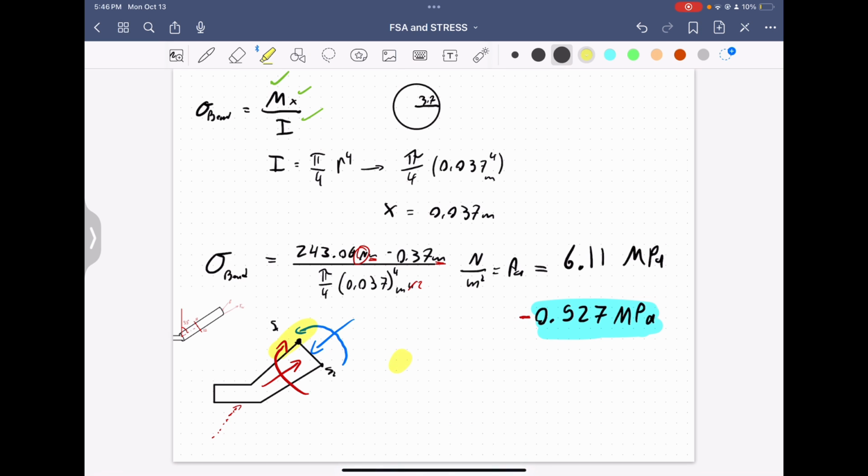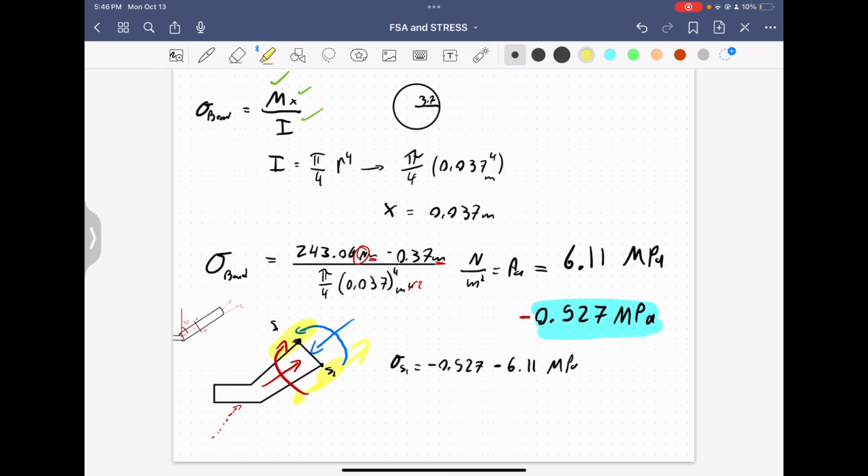So we know total stress S1 is equal to negative 0.527 minus 6.11 MPa. There you go, because they're pinching together. This side, they're pulling apart, so this side's under tension for bending.